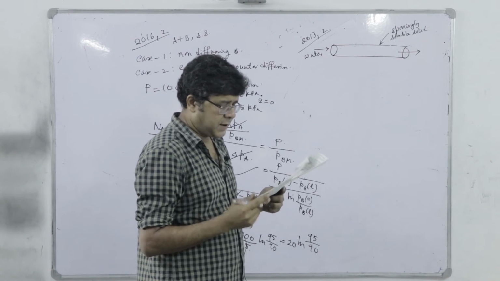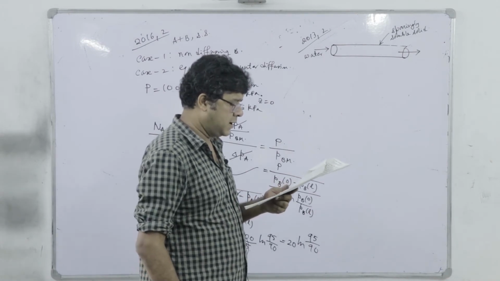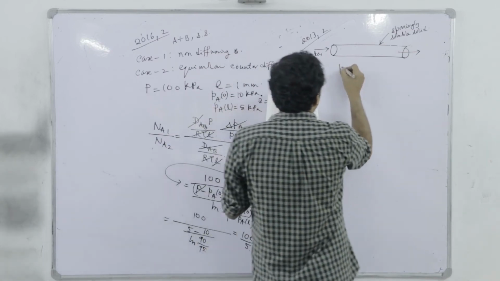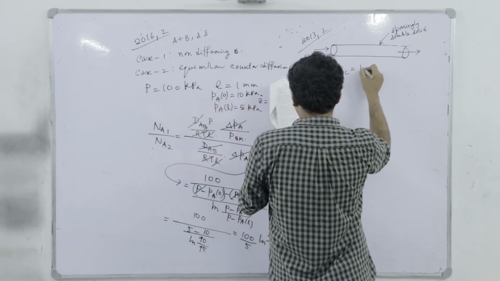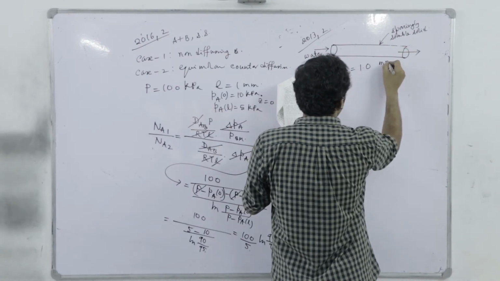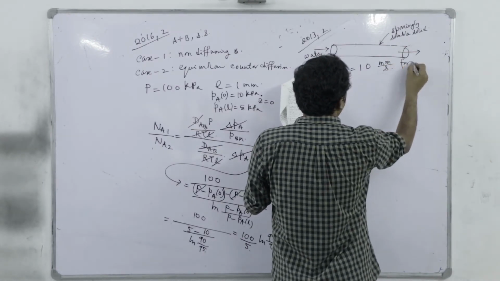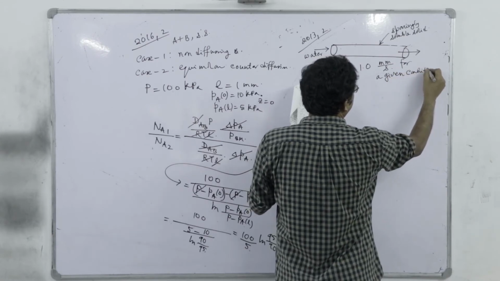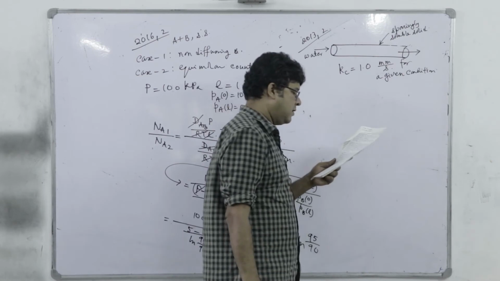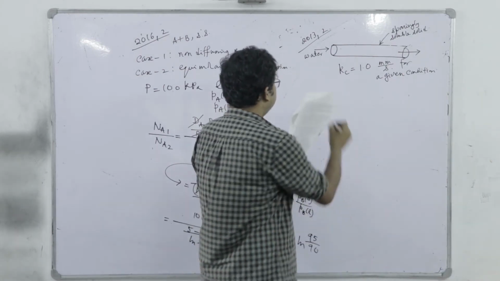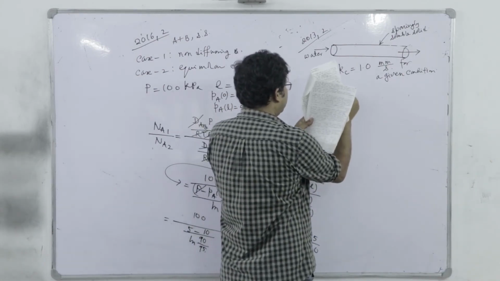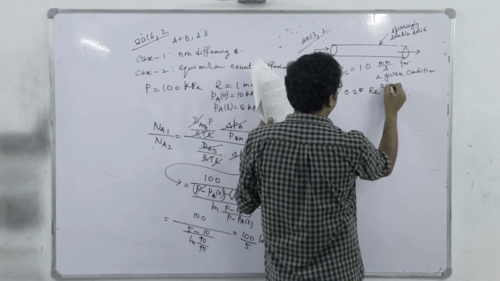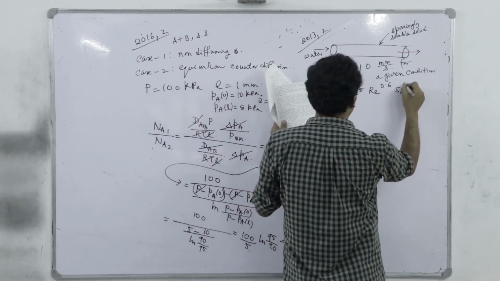Right. For a given pipe and certain flow conditions, the mass transfer coefficient Kc has been calculated. So, Kc for a specific case is 1 millimeter per second for a given condition. Right, we do not know the condition yet. Using the correlation that Sherwood number is equal to 0.025 into Reynolds number to the power 0.6 into Schmidt number to the power 0.33.